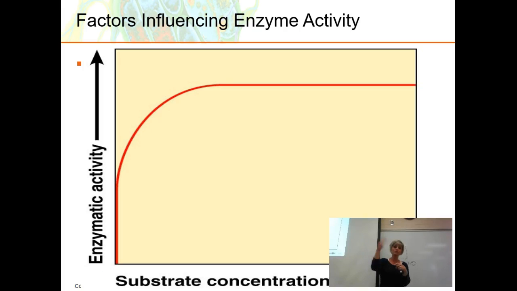So dumping more substrate really doesn't do anything once it's reached what's called saturation. So I can manipulate enzyme activity by increasing the levels of substrate to a certain extent. Then you're just kind of wasting substrate.